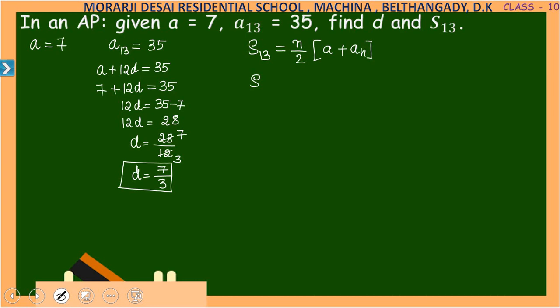So S13 is equal to, n is 13 here, 13 by 2 into a plus a13. So S13 is equal to 13 by 2. What is a? a is 7. What is a13? a13 is 35.